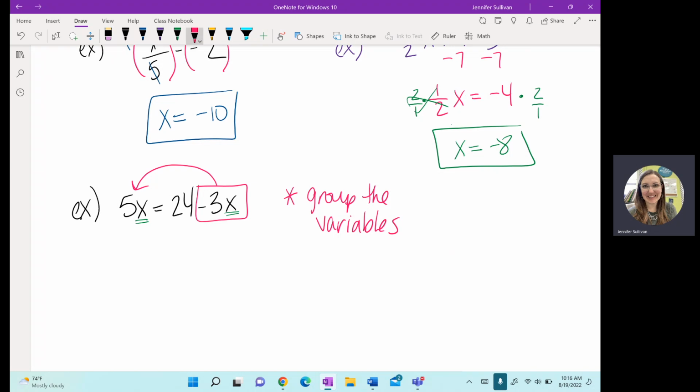Now, this gets confusing because I was telling you before that if I want to undo this, I need to divide to undo that multiply by -3. But this time I'm not thinking undo here, okay? When we're grouping our variables, I need to think move.